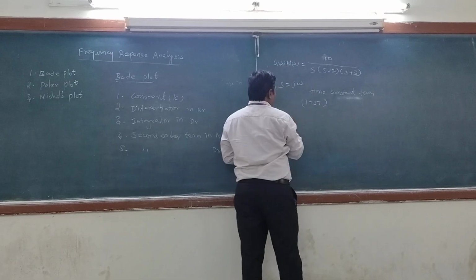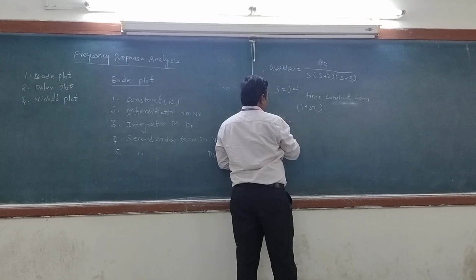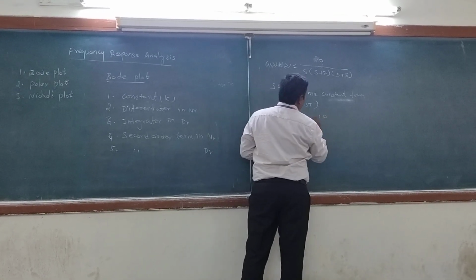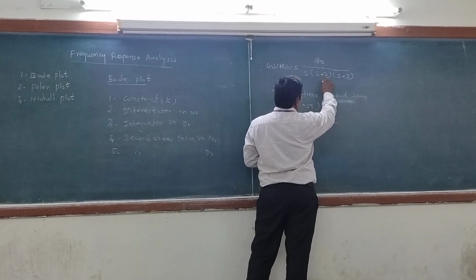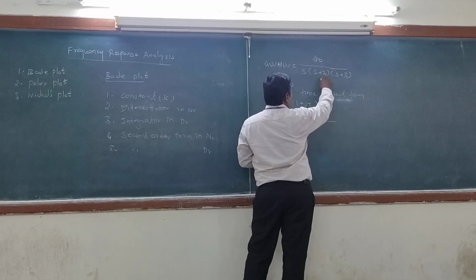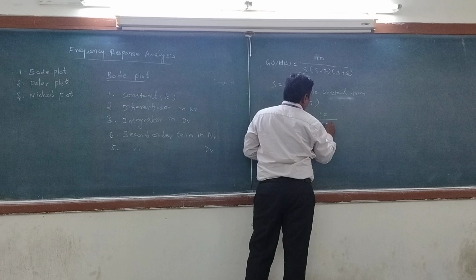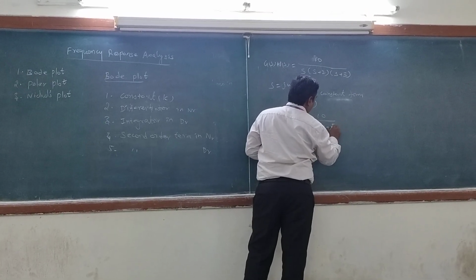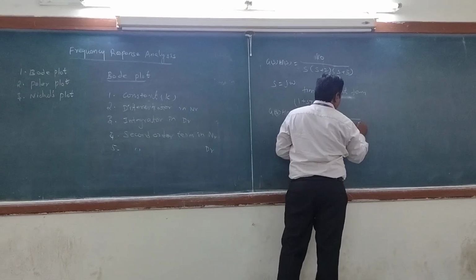So now we need to convert this transfer function into time constant form, that is 10 divided by s into, in the denominator, the second term, we make it 1. So 1 divided by 2, so 2 is taken out, 1, 2 by 2 is 1, that is s by 2. In the third term, 3 is taken out, 1 plus s by 3.